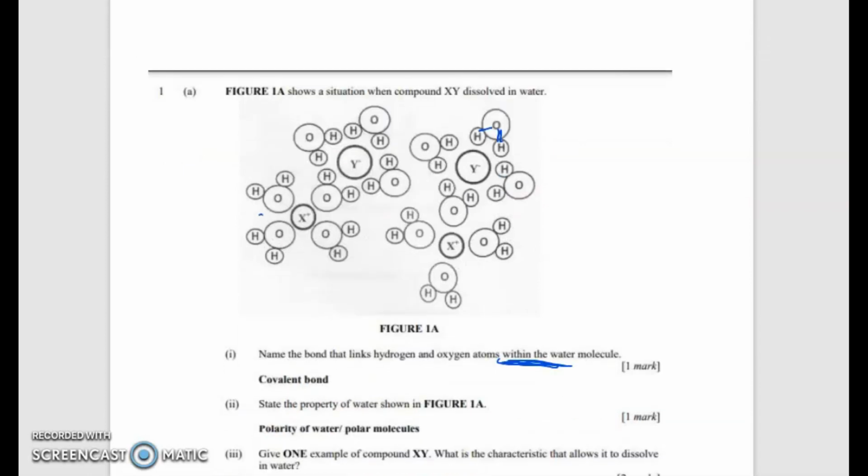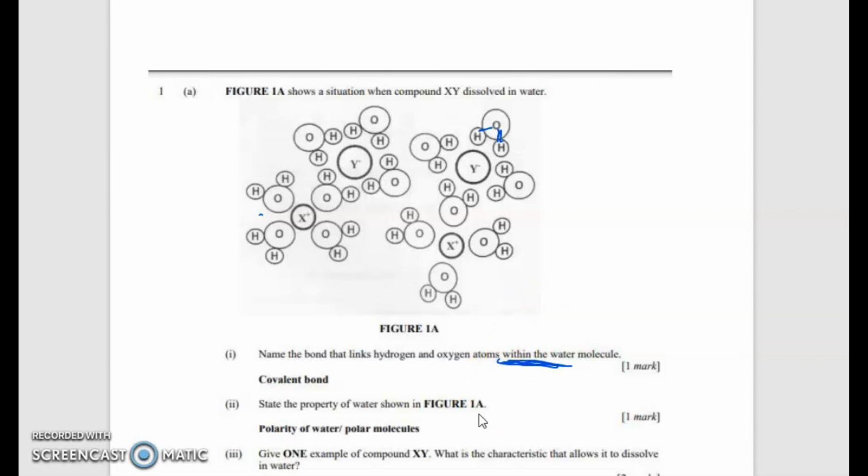Next, state the property of water shown in Figure 1A. Obviously it shows that water is a polar molecule, or you can say water is a universal solvent.